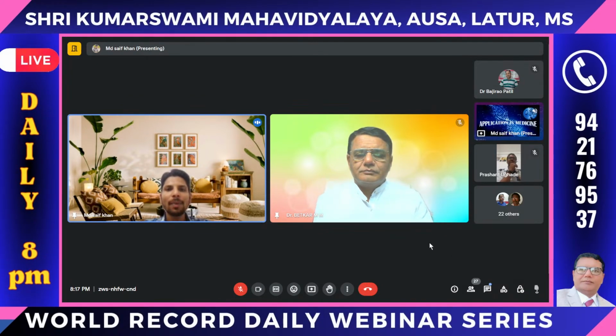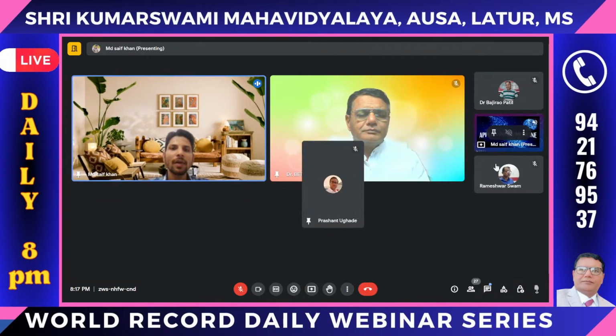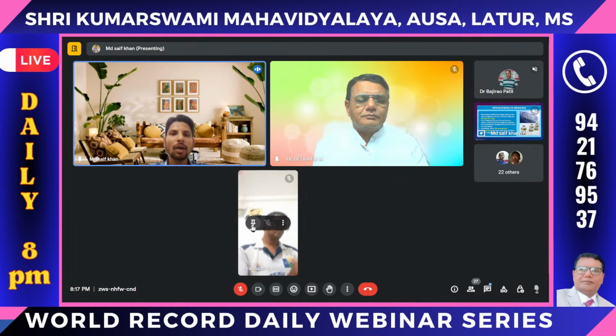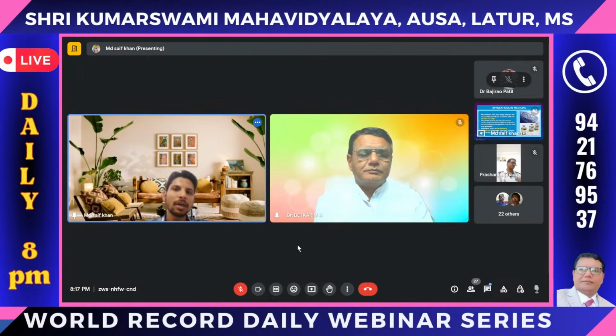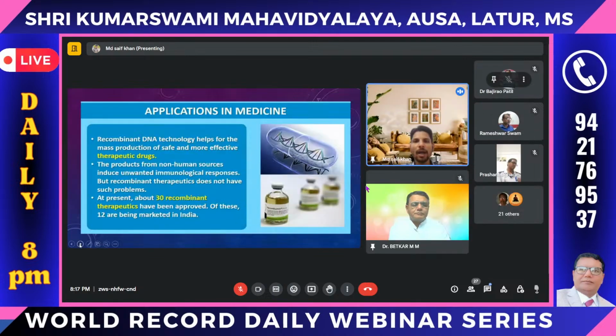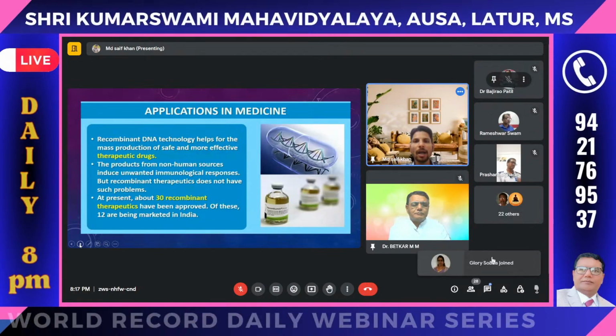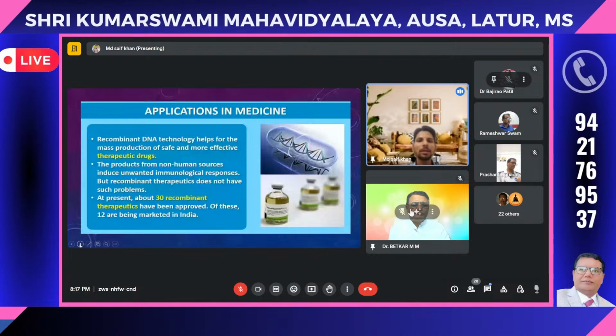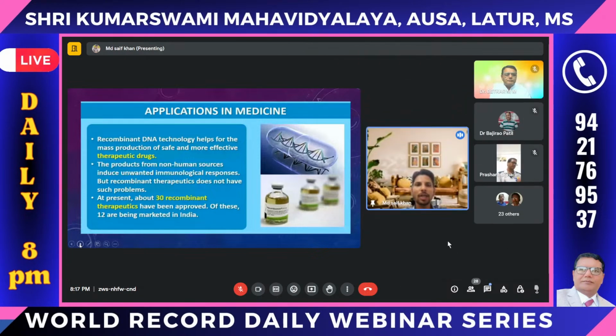Now another application of biotechnology is in the field of medicine. There are several applications in the field of medicine, such as recombinant DNA technology, RDT. It helps in the mass production of safe and more effective therapeutic drugs. The products from non-human sources induce unwanted immunological responses, but recombinant therapeutics do not have such problems, right?